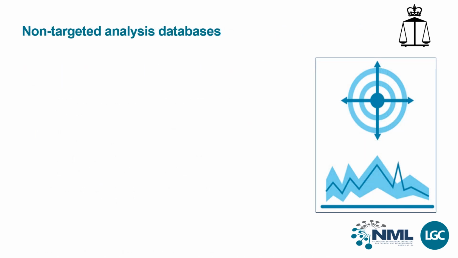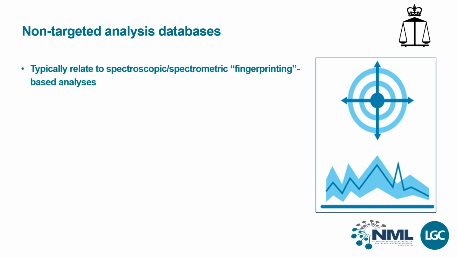In terms of content, non-targeted analysis databases are generally comprised of data derived from spectroscopic or spectrometric fingerprinting-based analyses, which consist of collections of spectra or spectrographic data.